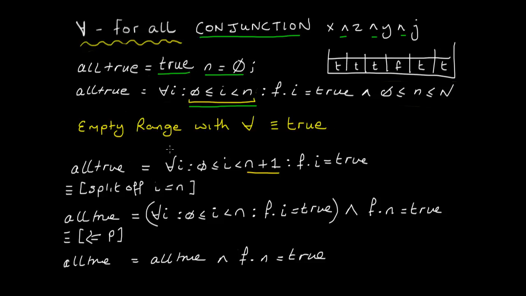And then during the split off, we would split off with an and, and of course that's going to give us a Boolean expression that's going to be part of the loop body. So it's important to remember these bits of information when you're dealing with the for all operator.